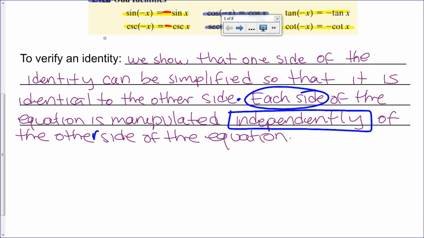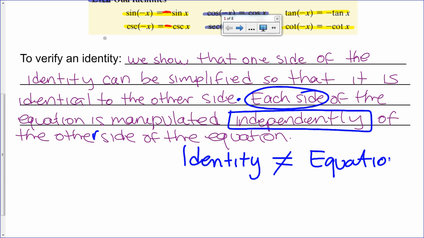Okay, so when we talk about identities, I don't want you to think that an identity is the same as an equation, okay? The difference here is that when you're solving an equation, you know that something is already true. And so you use equations to solve for variables.